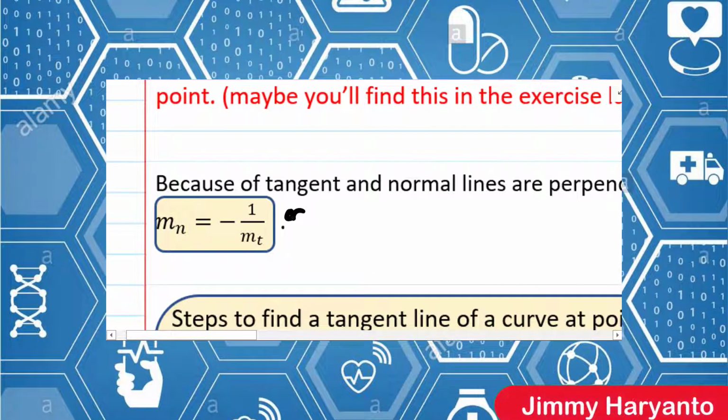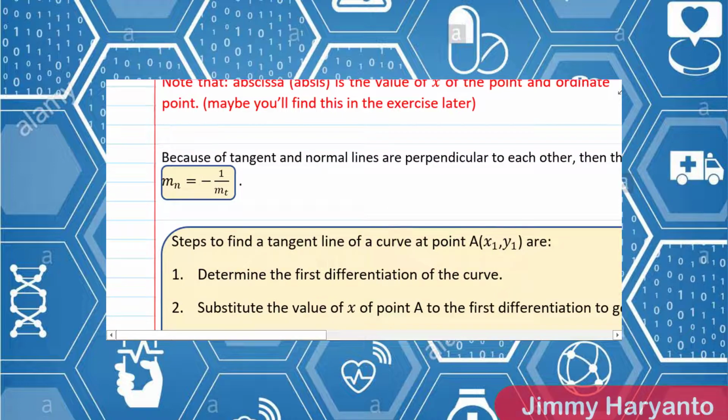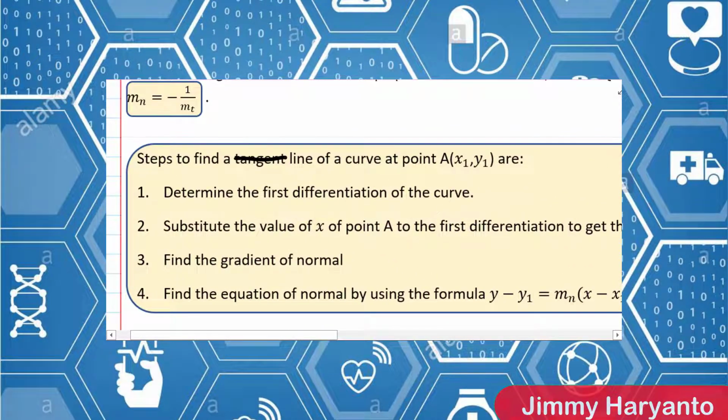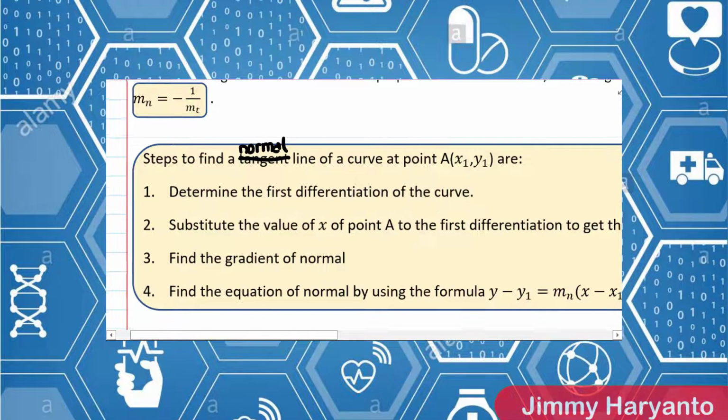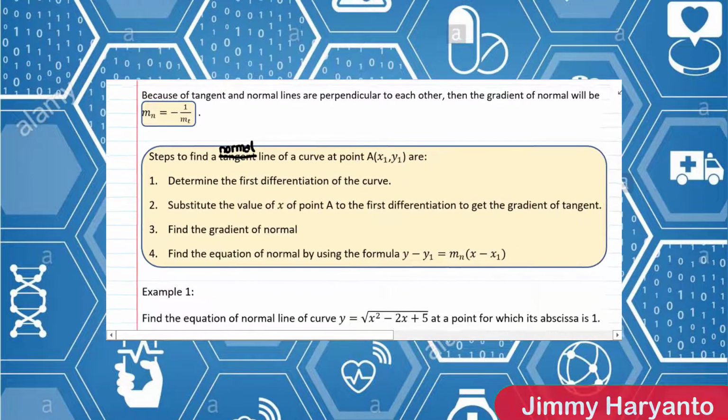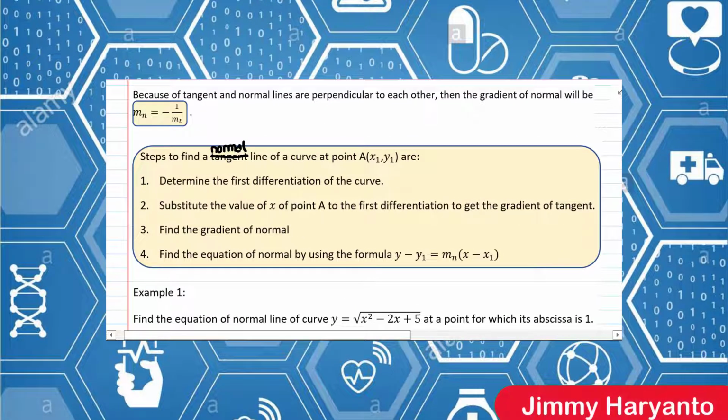So the steps to find the normal line of the curve at point A (x1, y1) are: determine the first differentiation of the curve, which is the same as for the tangent, and then substitute the value of x to find the gradient of the tangent, which is still the same. But the difference is in step 3.